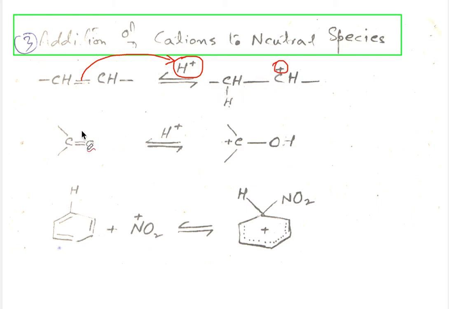In another case, we have a carbonyl compound, either a ketone or an aldehyde. Again, the carbon-oxygen pi electrons can approach the proton to produce a carbocation. This carbocation is more stable compared to the first one, because in this case we have electronegative oxygen.